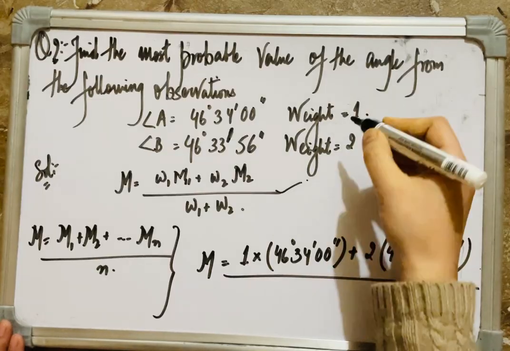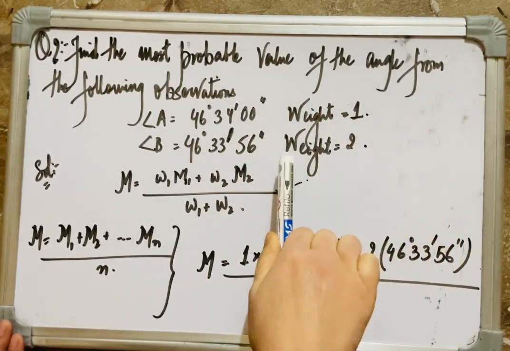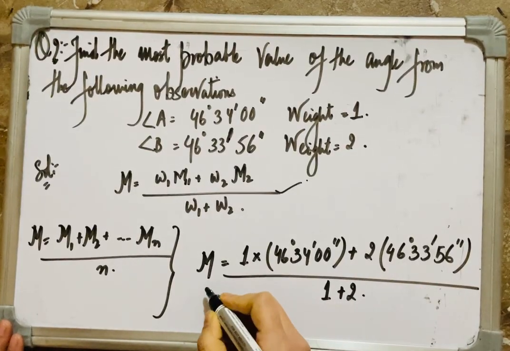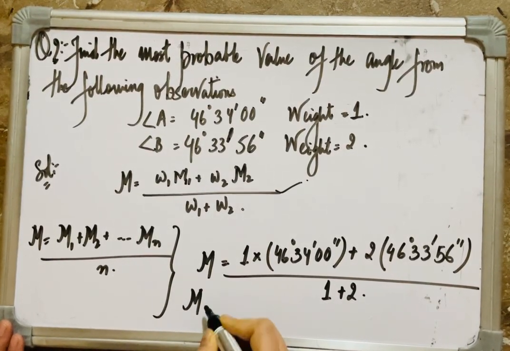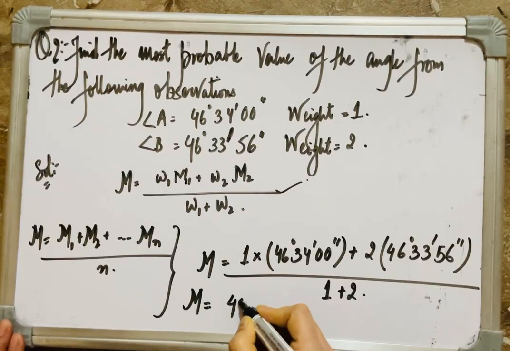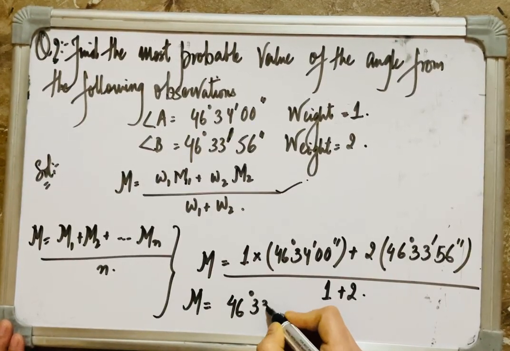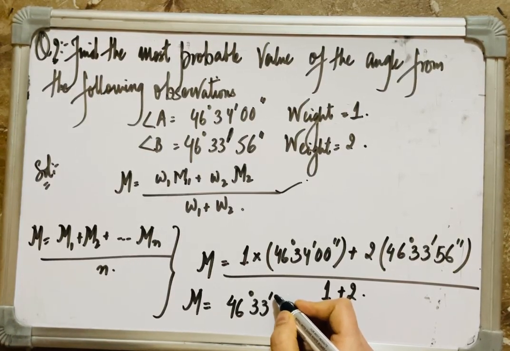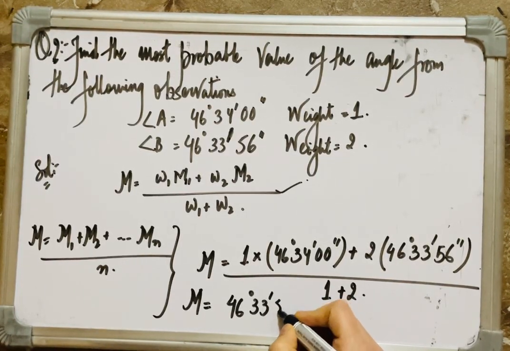It's 1 plus 2 because this has a weight of 1 and this has a weight of 2. By calculations, M is equal to 46 degrees, 33 minutes, and 57.3 seconds.